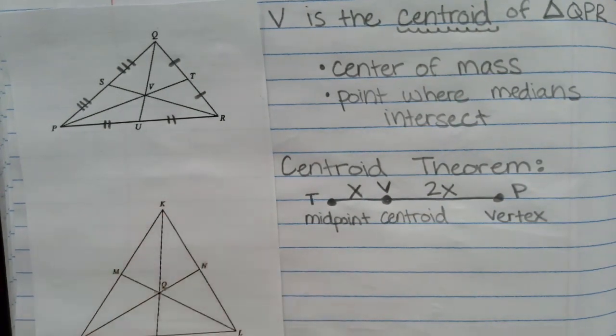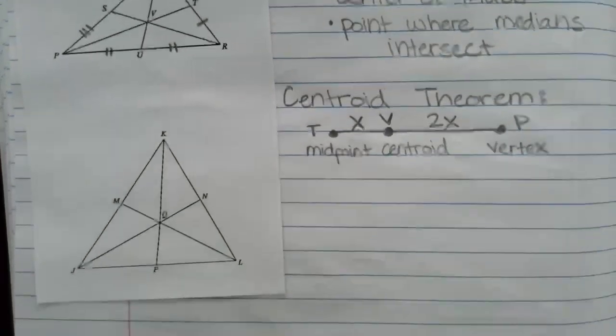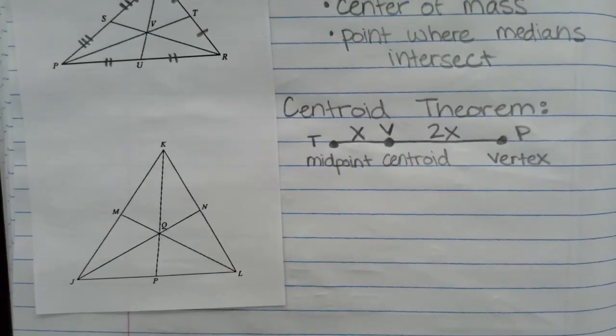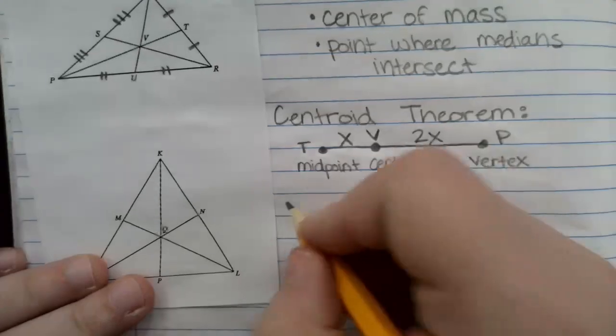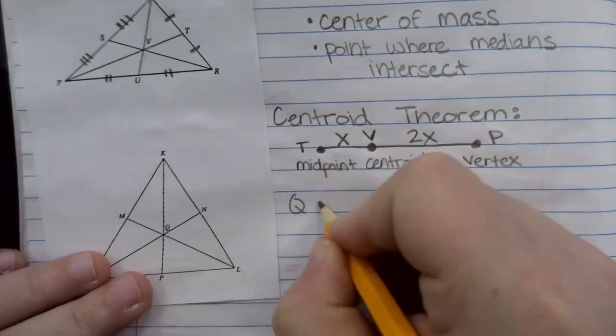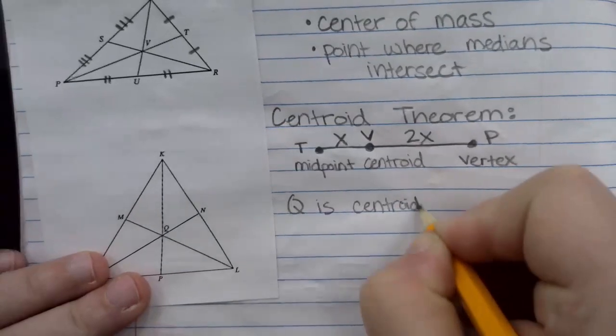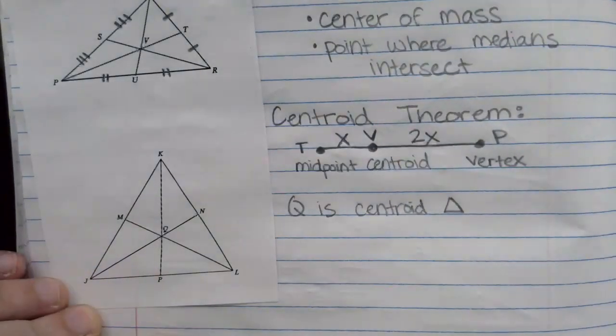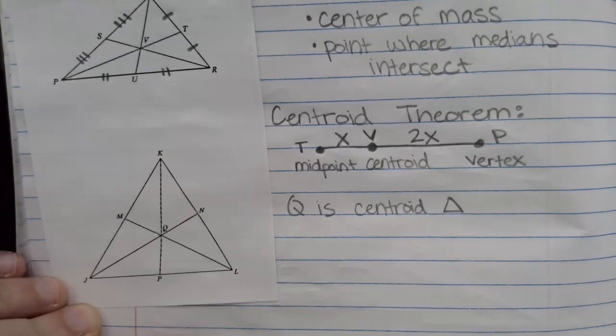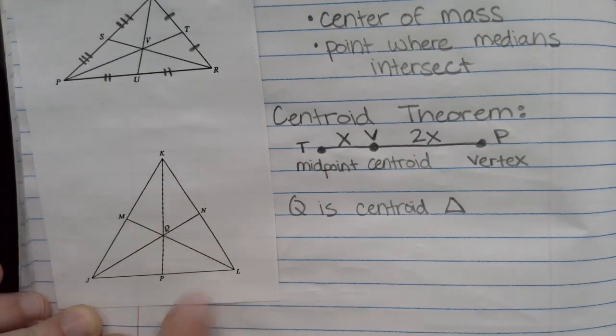All right, we're going to move on to this next example. In this example, we're going to say Q is the centroid of triangle, what's our big triangle in this one?